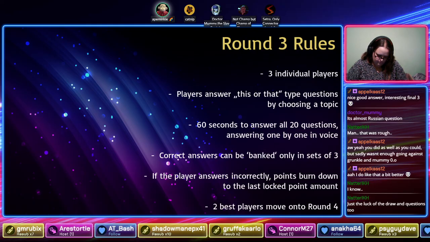Grunkle is running 7 from the first round, 8 from the second round, so it's 15. Okay, so Grunkle is first, then Dr. Mummy, and then Cetra, right?